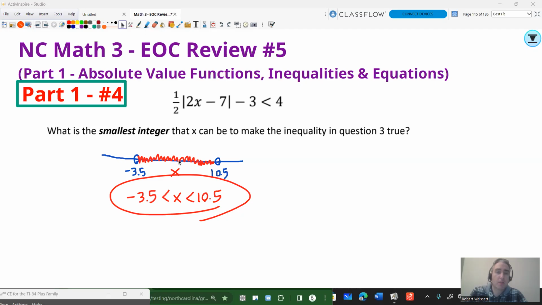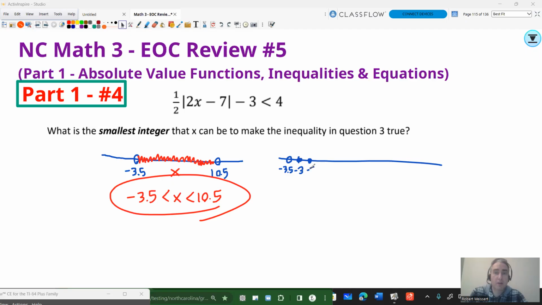Now, when I'm talking about the smallest integer to make that true, I want to think about what integers are solutions, okay? So if you think of this number line, and you know that -3.5 is not a solution, but if I go to the next integer, -3, that is.